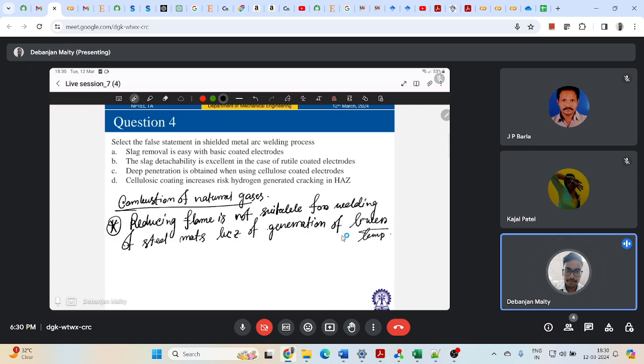Okay, so this is what we talked about, the different kinds of chemical reactions between different kinds of gases, right?